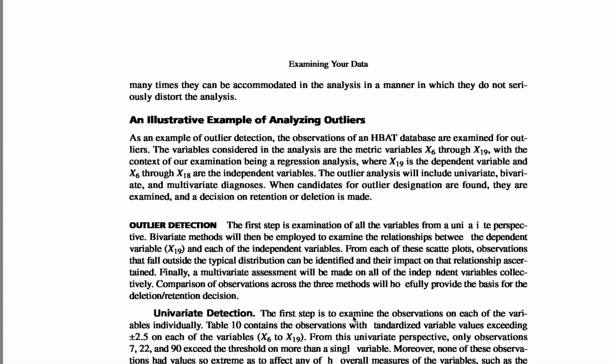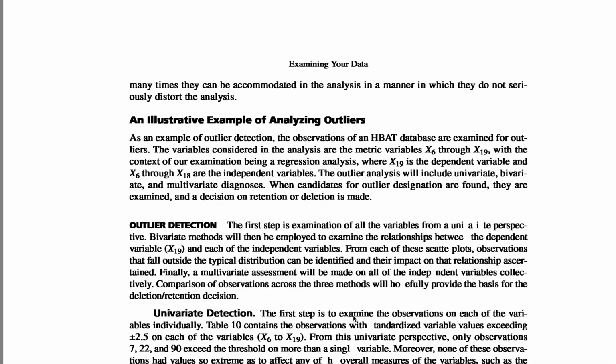An illustrative example of analyzing outliers. As an example of outlier detection, the observations of the HBAT dataset are examined for outliers. The variables considered in the analysis are the metric variables X6 through X19, with the context of our examination being a regression analysis where X19 is the dependent variable and X6 through X18 are the independent variables.